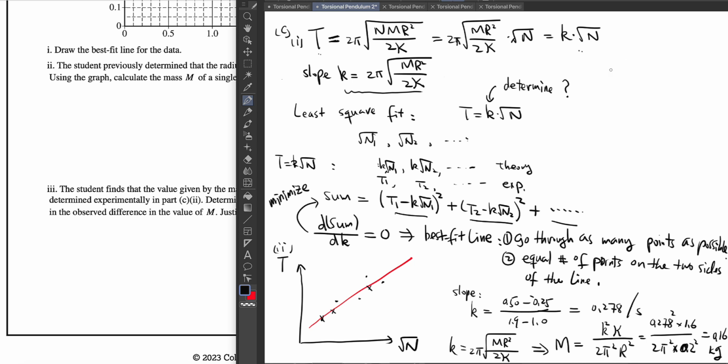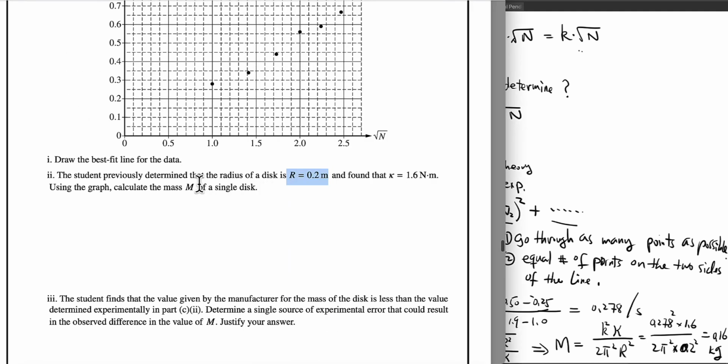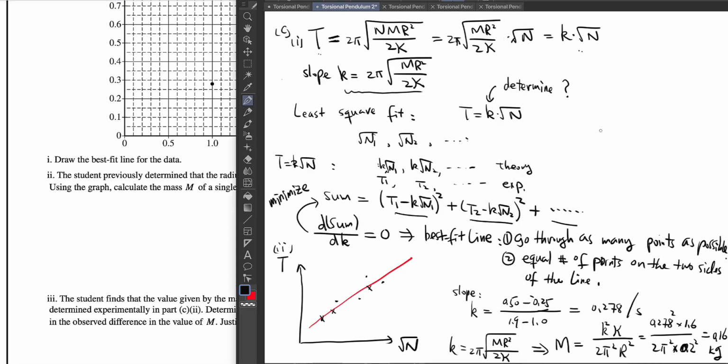And n is known exactly, right? Because we know, like from the picture here, just 1 disk, 2 disks, 3 disks, 4 disks, etc. So the only source of error is just the T measurement.